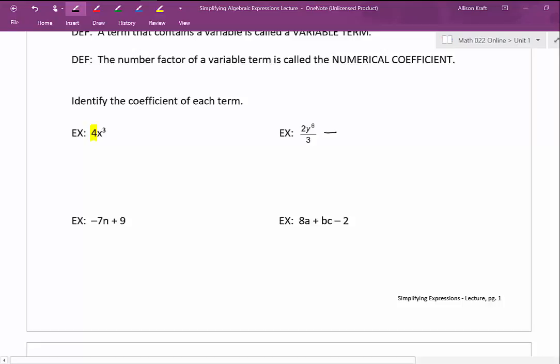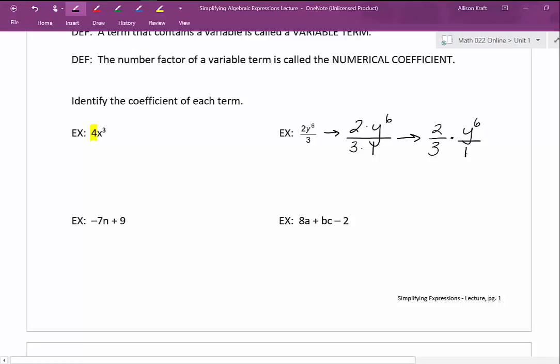We can rewrite the numerator as 2 times y to the 6th and the denominator as 3 times 1. Using the rule for multiplying fractions backwards, we can split this up into two separate fractions: 2/3 times y to the 6th over 1.